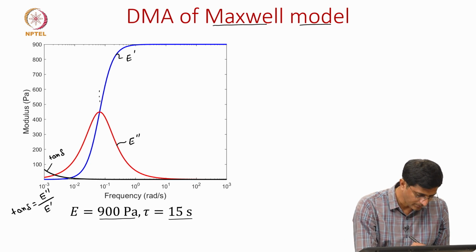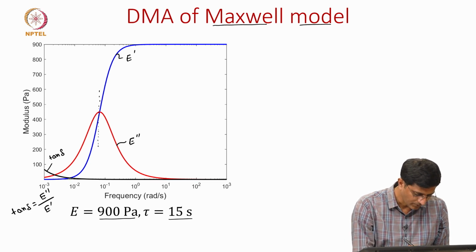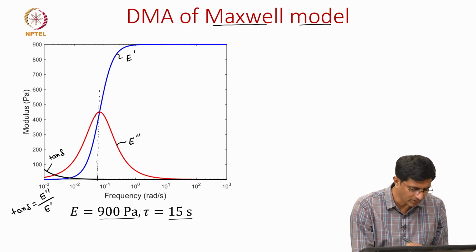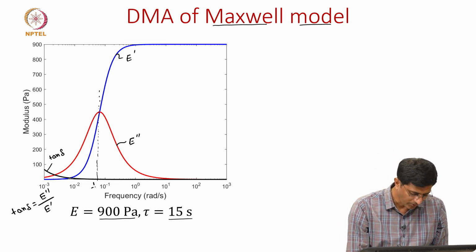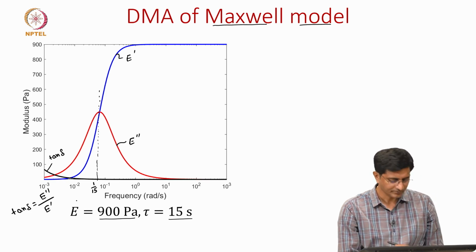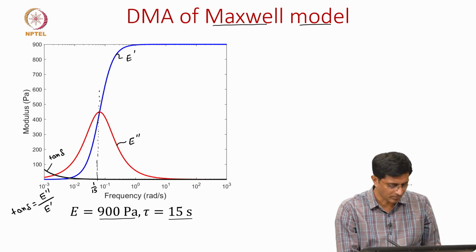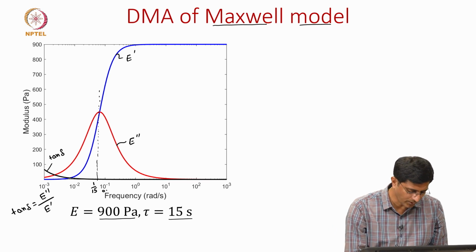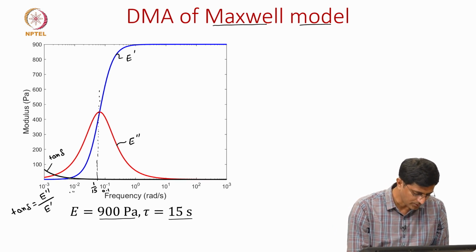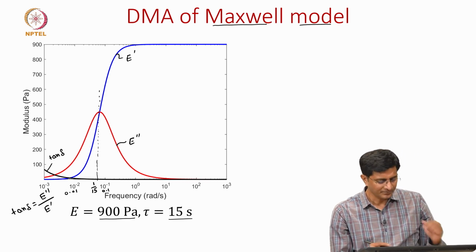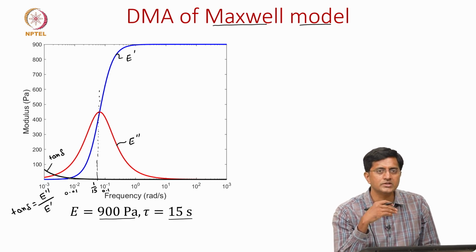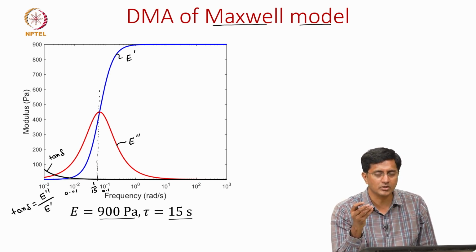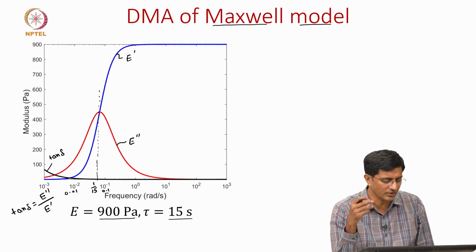So the value where we have seen the peak in the loss modulus curve, this corresponds to 1 by 15, which is between 10 power minus 1 is 0.1 and 0.01. Okay. So what we are able to see is how the storage modulus and the loss modulus vary with the frequency.